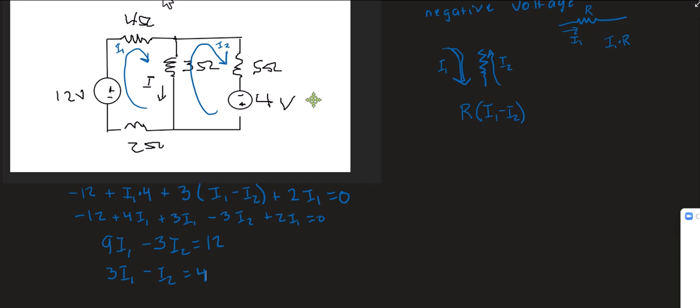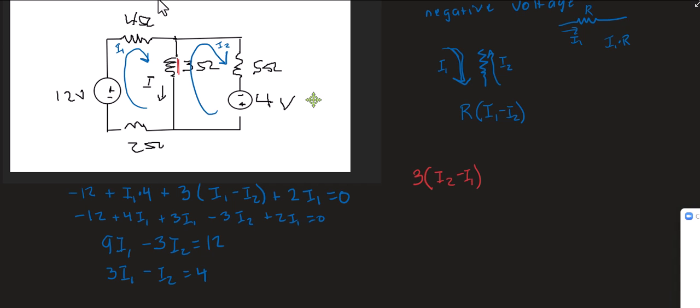Now I'll do the second mesh, and I'll start right here at the shared resistor. So I'll say 3 times I2 minus I1.